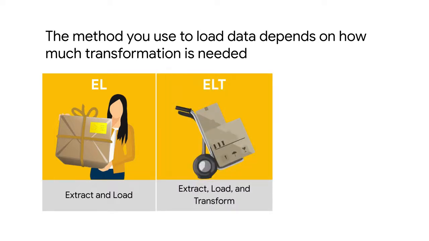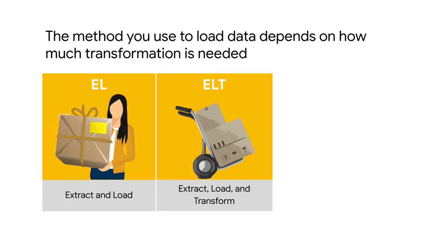So what's an ELT, or extract, load, and transform the data? That's when the data that is loaded into a cloud product is not in the final form that you want it in. You may want to clean it up. Or you may want to transform the data in some way, such as perhaps you want to correct it. In other words, you would extract it from your on-premise system, load it into the cloud product, and then do the transformation.